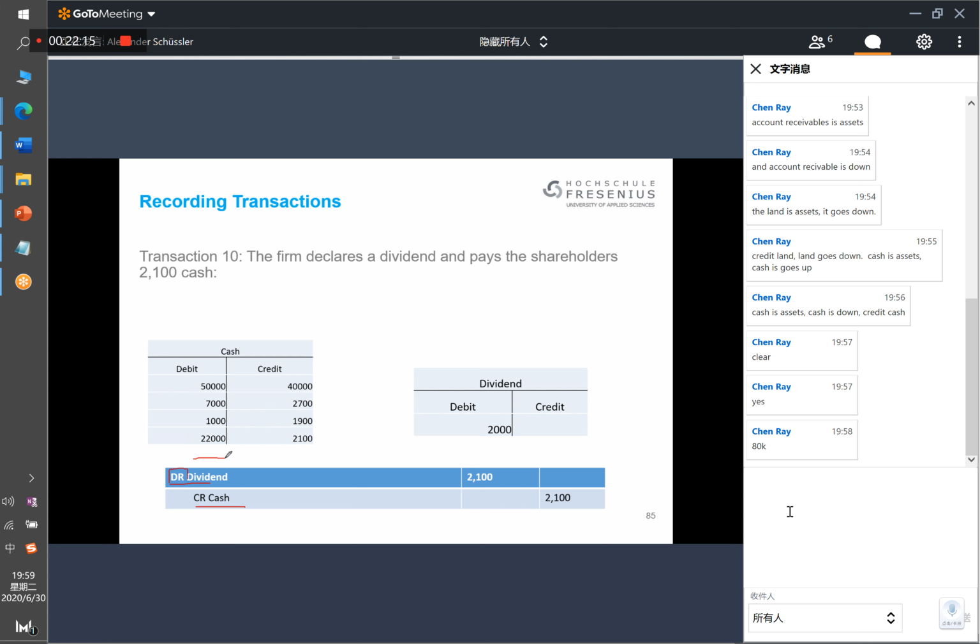We have 80 in total, and we have to subtract what is on the left-hand side. Minus 40, minus 2,700.